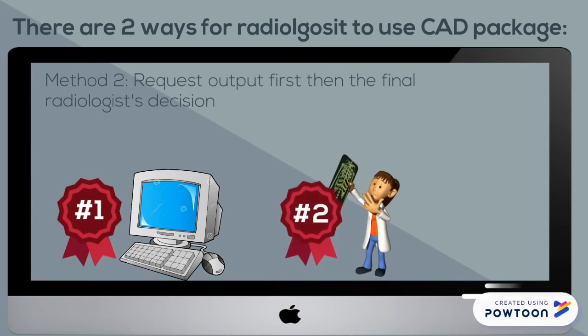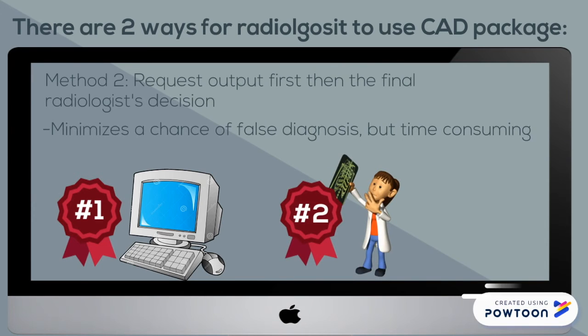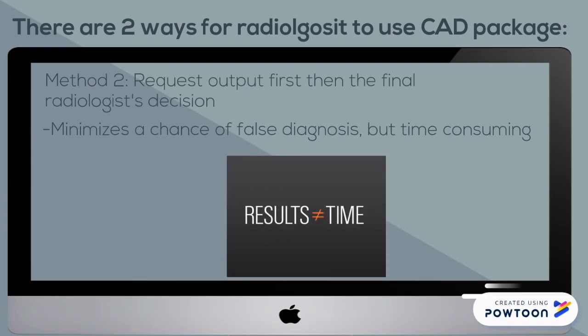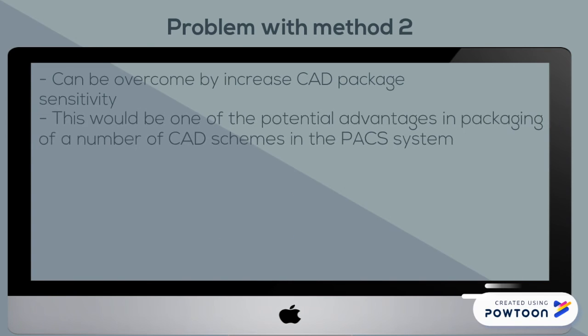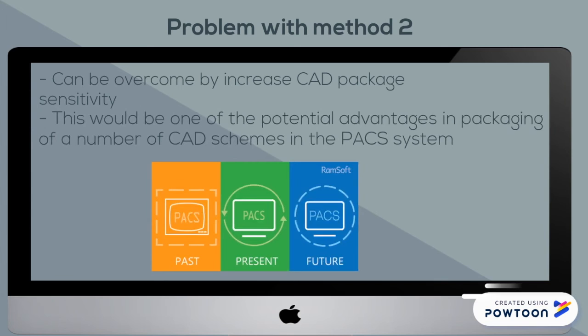This method is obviously a time saver, but it is uncertain whether lesions can be missed when no computer output was shown due to computer false negatives. The problem of following the second method can be overcome by increasing sensitivity in the detection of abnormalities, which may be possible with a package of complementary CAD schemes. This would be one of the potential advantages in packaging of a number of CAD schemes in the PACS environment.